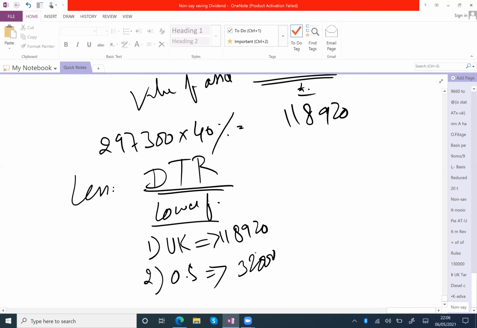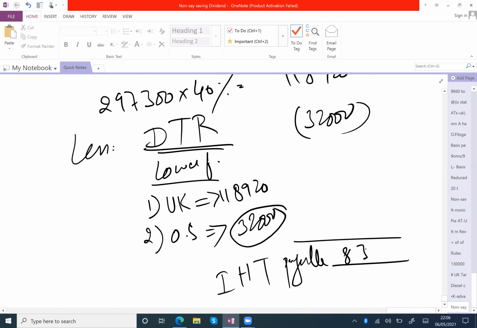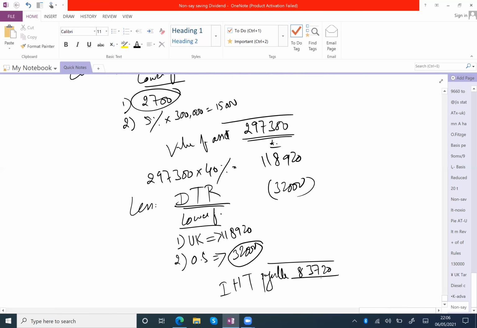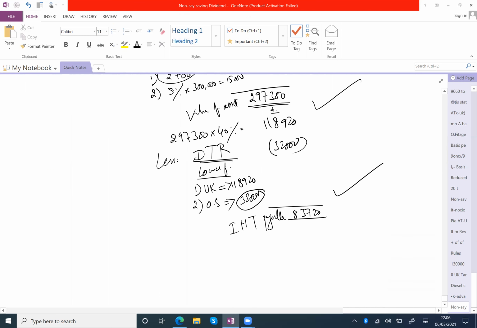So choose the lower, 32,000, and deduct. Your remaining IHT payable is 83,720. So that's how you pay the IHT on an overseas asset. This is the whole procedure. So that is the overseas IHT topic complete. That's it.